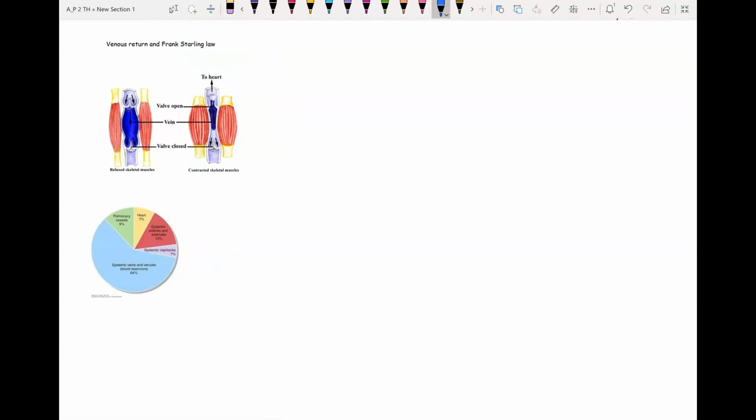You have about 5 liters of blood in your body. Remember that from chapter 18. You have 5 liters of blood. When you are resting, you don't actually need all 5 liters. So you use your leg veins as a reservoir to hold blood while you're resting.